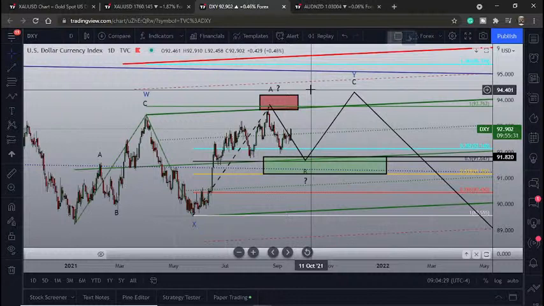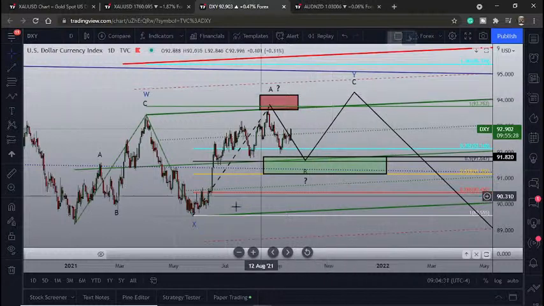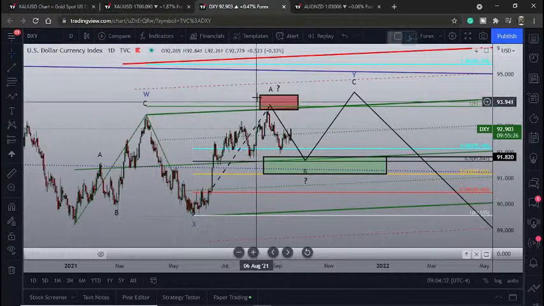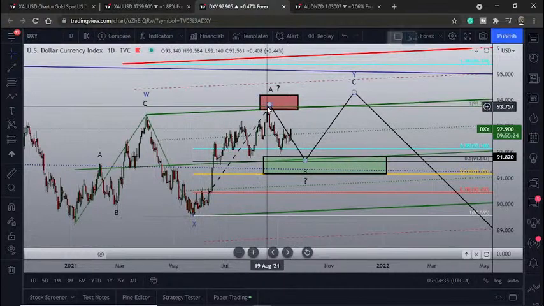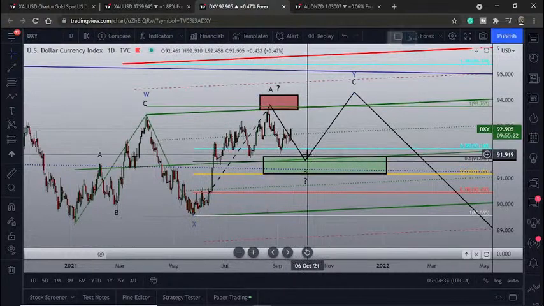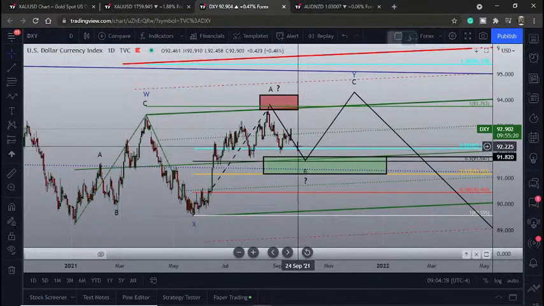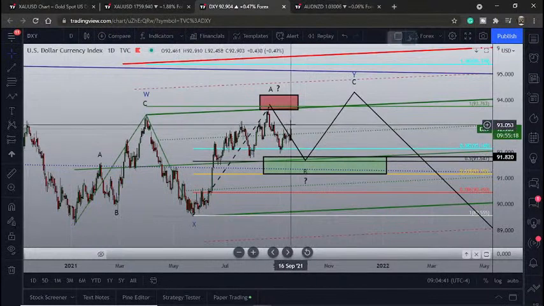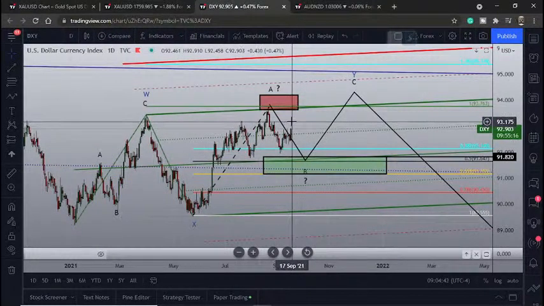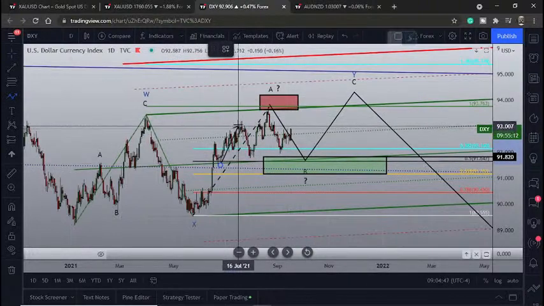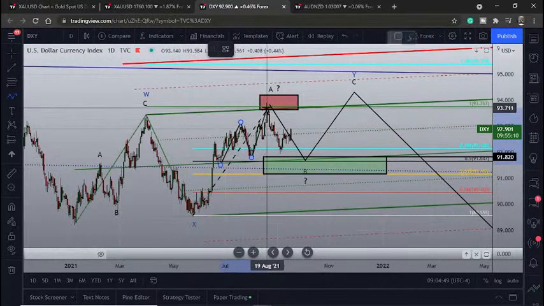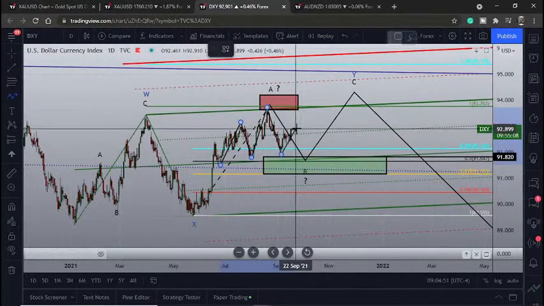All right, but long story short, I still think that this A is either completed, and we're still coming down in a B. Last week and a week before, I was saying I'm still expecting price to move higher. I'm pretty sure that there are quite a few traders seeing this pattern unfold, which is a potential head and shoulders.